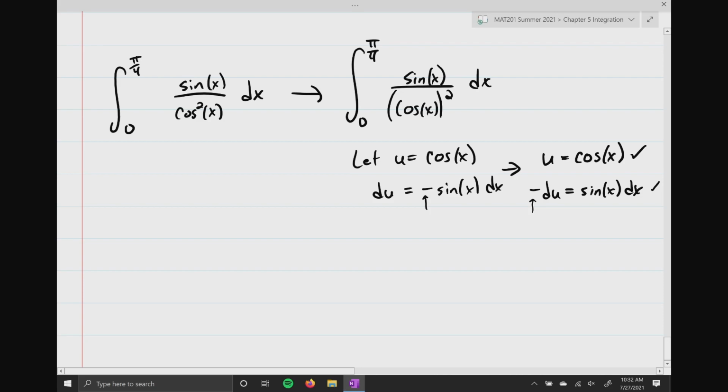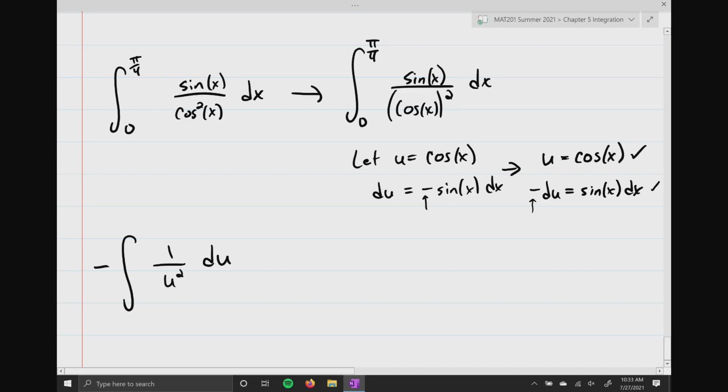So when I'm going to rewrite this problem, I'm going to rewrite it as negative integral sine x dx is now going to be du, and then cosine of x squared is now u squared, okay? If you want to, change your limits of integration.